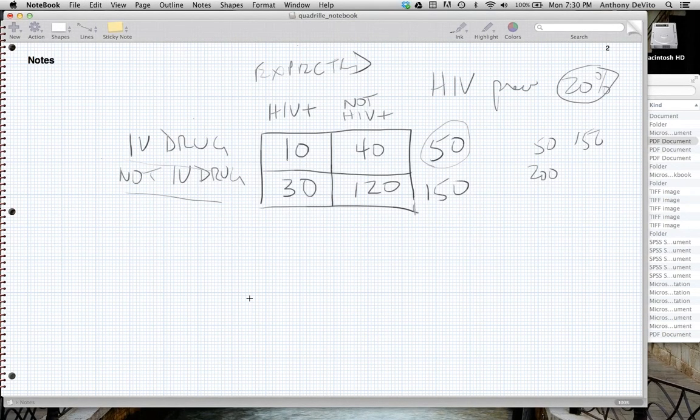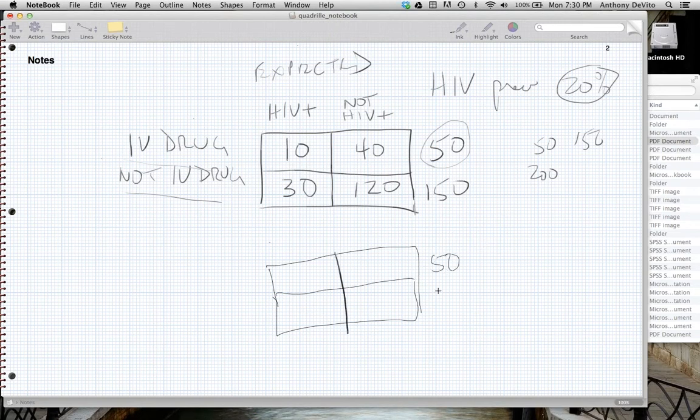So now, let's say I actually do this study, and what I find is that out of my 50 people that are IV drug users, 15 of them are HIV positive and 35 are not.